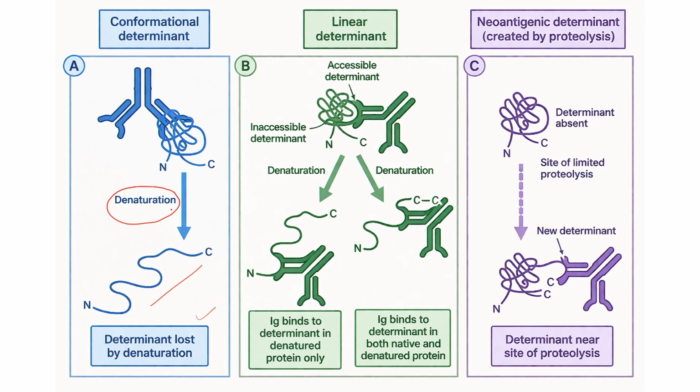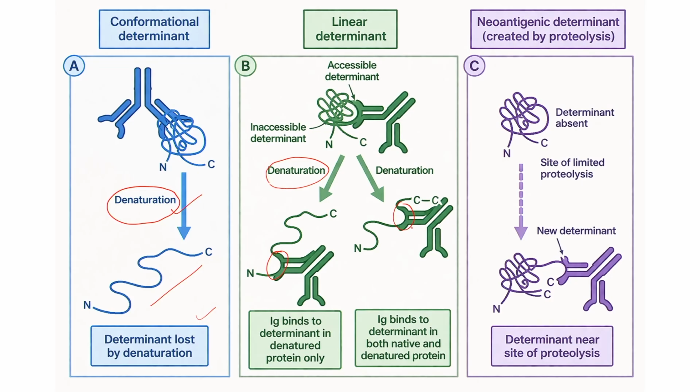So, once there is a denaturation, then the epitopic structures are changed, and that is why the conformation is very important for a protein. While the linear determinant, which we have discussed in the last slide, even if there is a denaturation, the linear structures are intact.